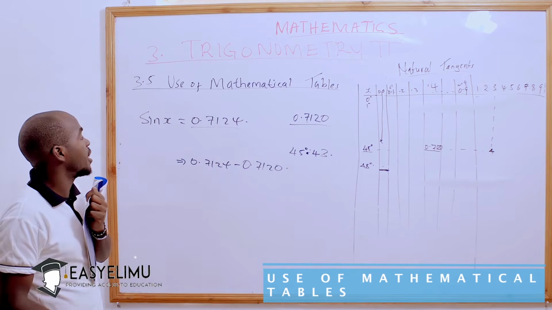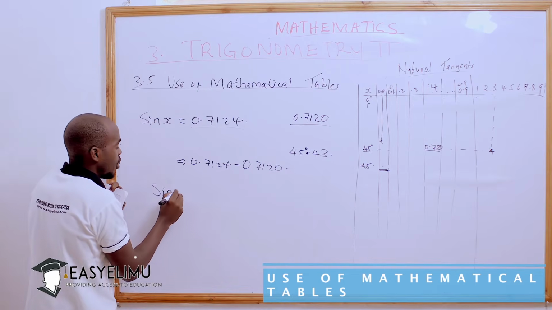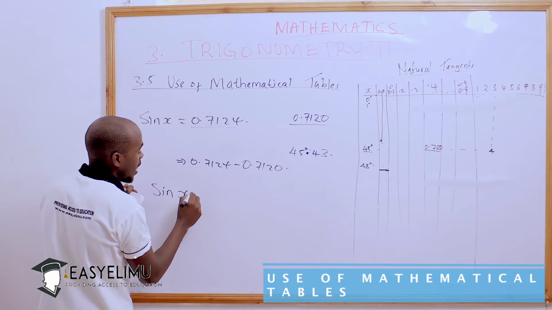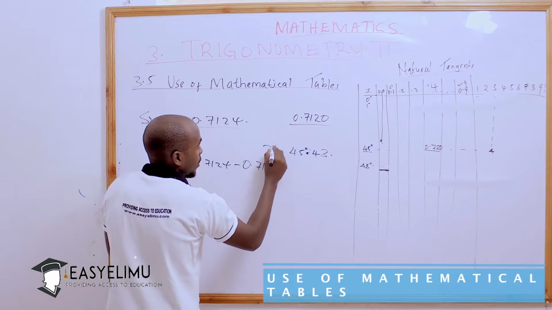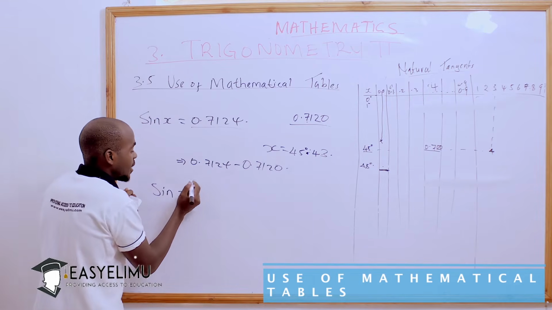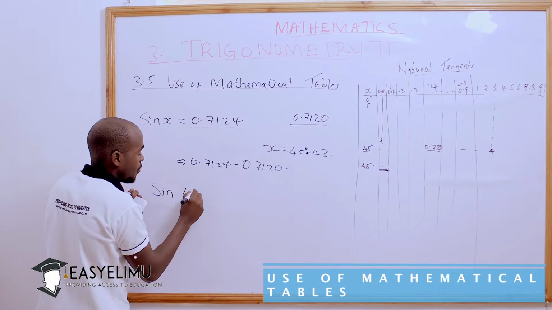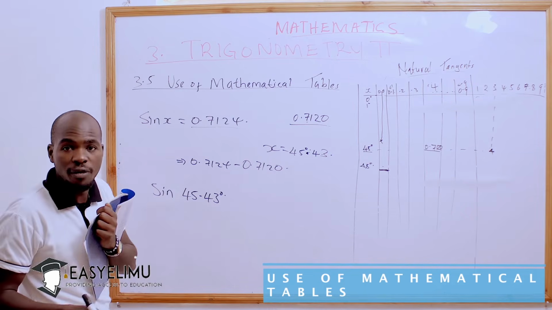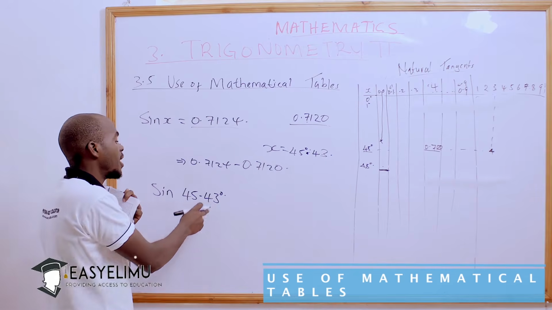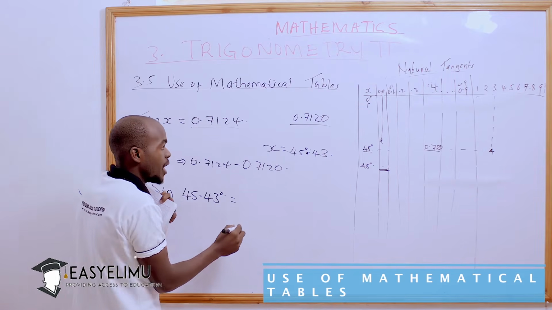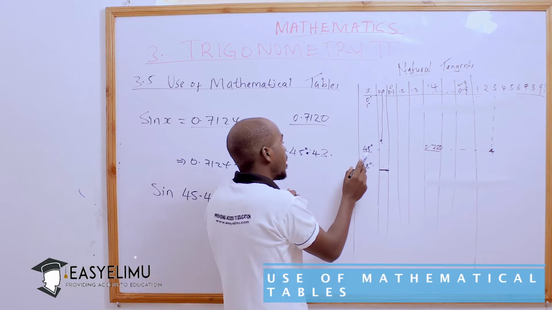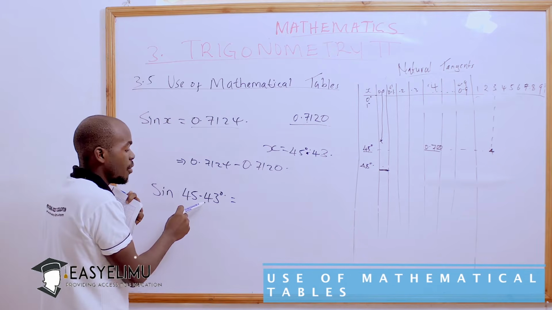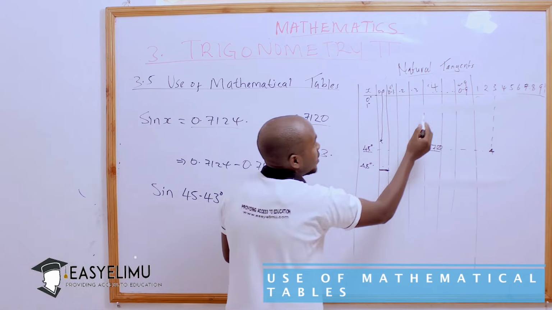So we have found that if you find the sine of the angle, our x here, this is what we are referring to as x. Our x here is represented by 45.43 degrees. And if you need to find the sine of that angle, it is like doing 45 degrees, then you move to the column of 0.4, whereby it is here.